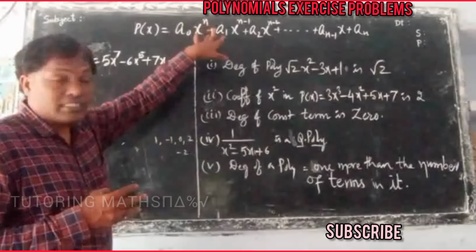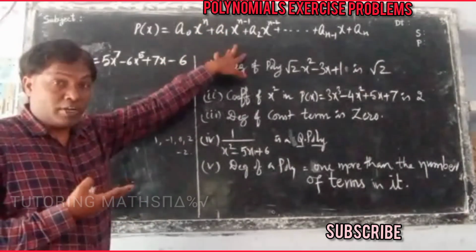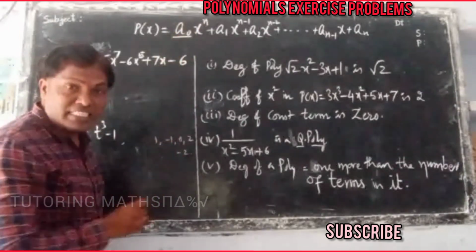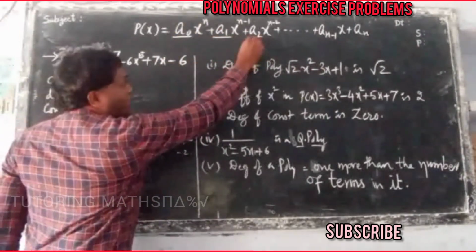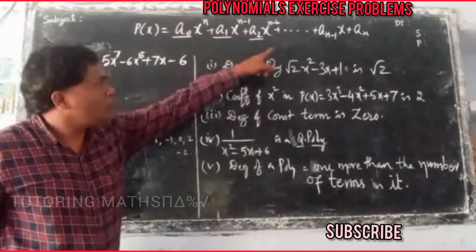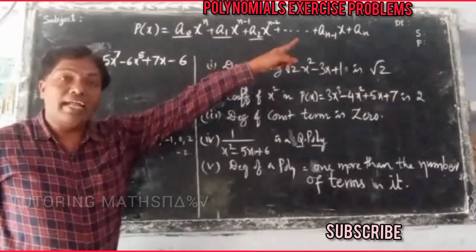What are the properties of this polynomial? First of all, we observe a0, a1, a2, an minus 1 and an.